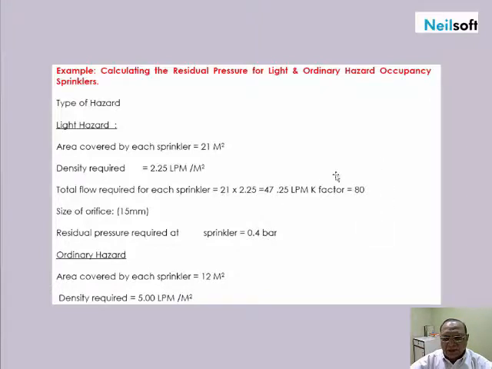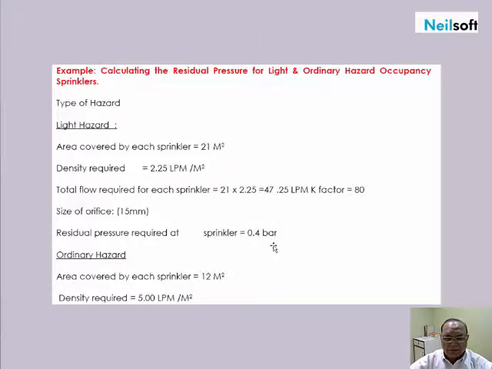This K factor is actually known to us while selecting the sprinklers, and generally this is the K factor used for the light and the ordinary hazard. And having this calculation solved, we may find a residual pressure of 0.4 bar. What does it mean?